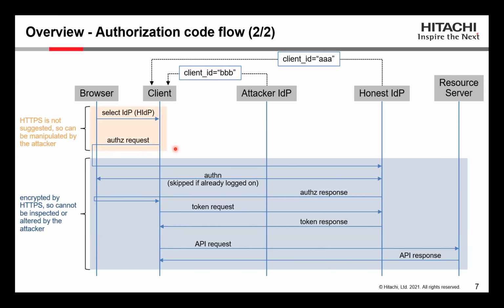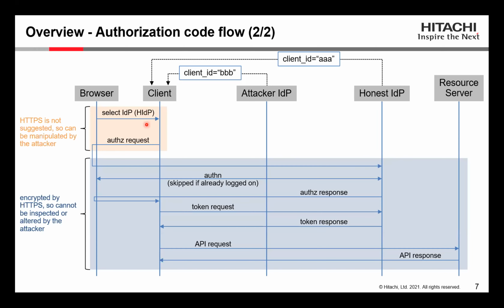In this authorization code flow, the vulnerable steps are the first two steps shown in the orange zone. This is because for these steps, the need for HTTPS is not obvious to users or clients, and the use of HTTPS is not suggested by the OAuth security recommendations, since the user only selects an IDP at this point.